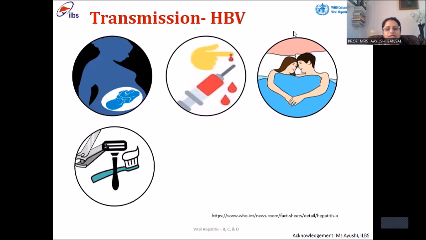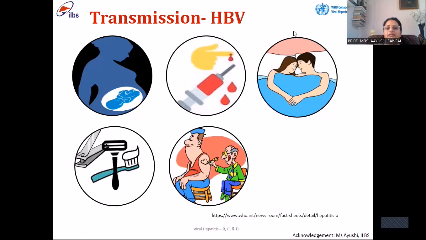The fourth one is use of personal belongings like razors, brushes, nail cutters, etc. And the fifth and last is tattooing. If the person doing the tattooing is not following standard precautions and not changing needles frequently, it can lead to transmission of hepatitis B virus very frequently.